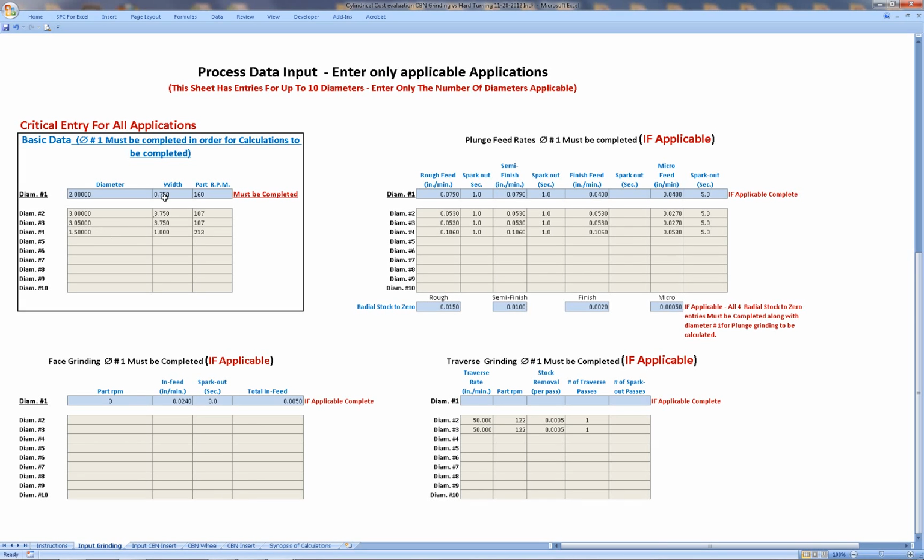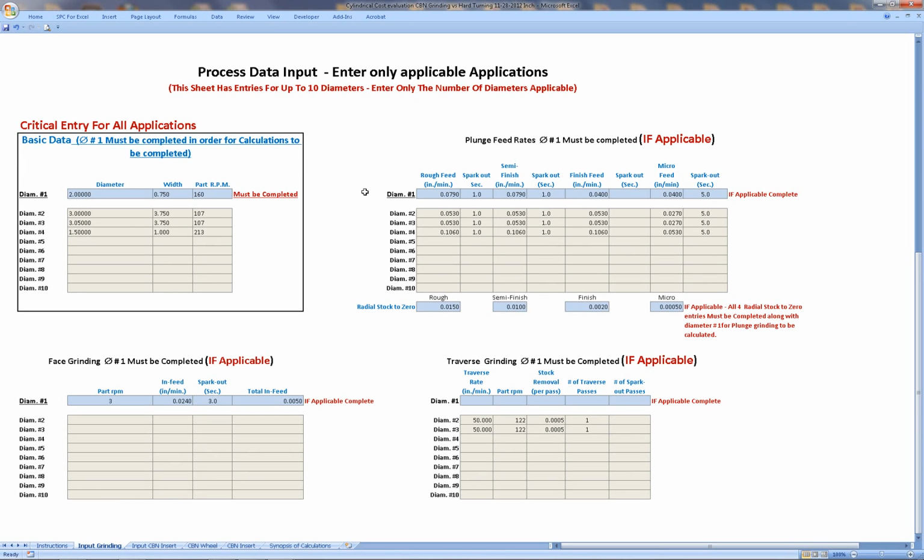The width on the first section is 0.750. The next 2 sections are both 3.750, and the last section, diameter 4, is 1 inch. Part RPMs for each application are 160, 107, 107, and 213. The next section is the plunge in-feed rates.